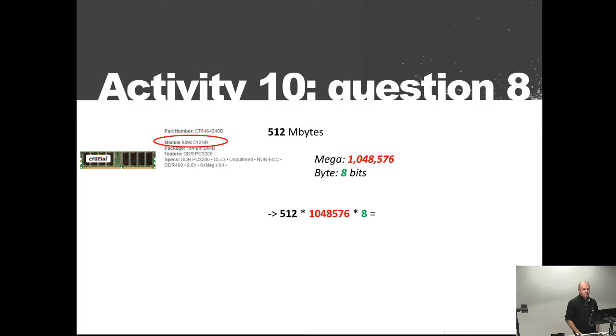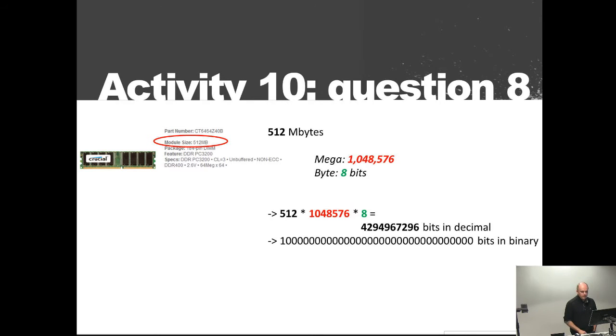So now, if I multiply those three numbers, I will get the number of bits in decimal. And now I can convert that number into binary. And I will get a huge number only with zeros and ones.